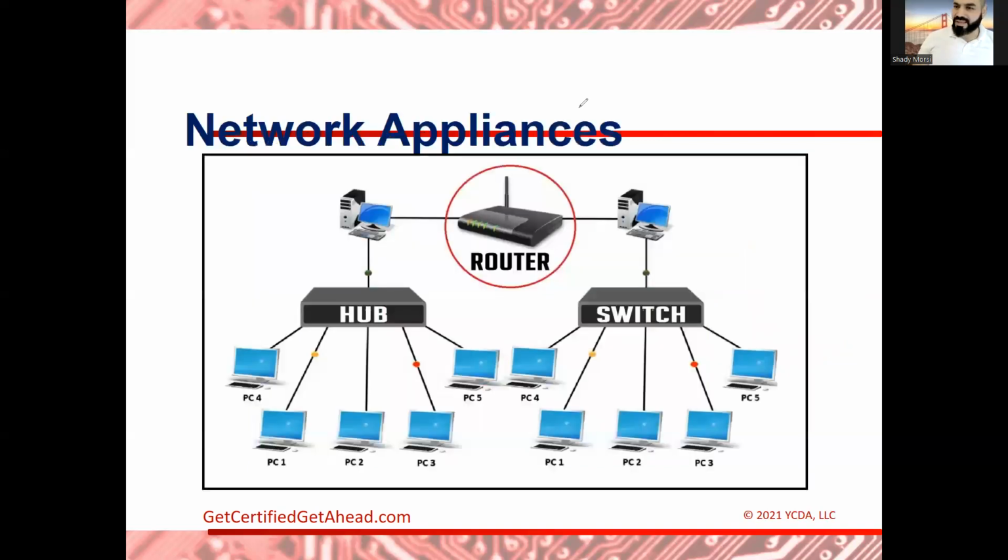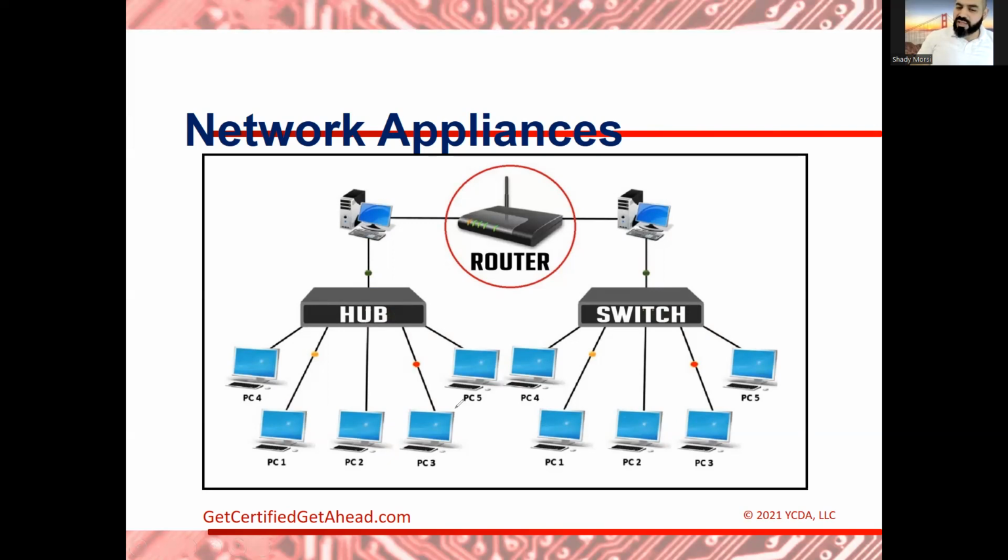Let's go back. And you remember also in the first pre-bootcamp week, we talked about some devices that work in our network, like a hub, a switch, and a router. And we explained the difference between each one of them. We said that the hub is the early beginning of the star topology, but the problem with the hub is that it broadcasts the message to everyone.